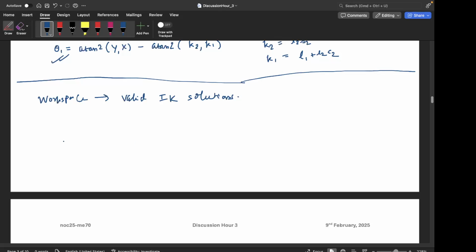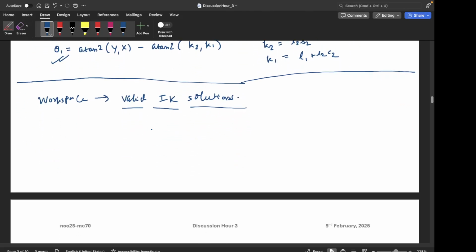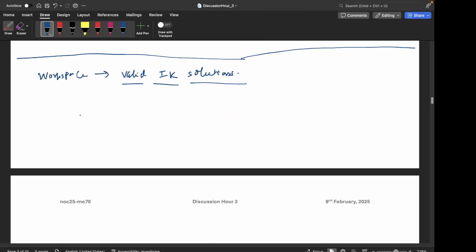So for a 2R manipulator, if we are able to solve the inverse kinematics equations, then the point is in the workspace.